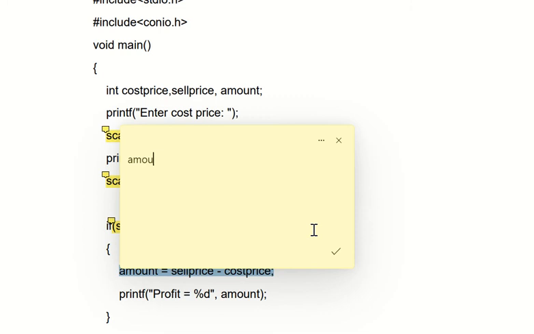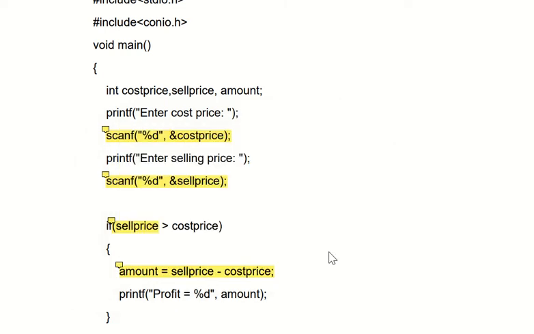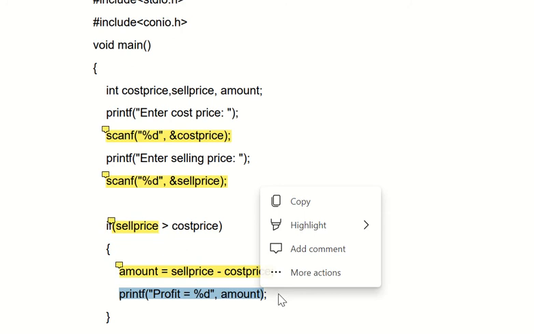So amount equal to 120 minus 70, which means we will get 50. That is the amount we get, 50, which in short is profit. That's why printf profit equal to 50. That is all about one scenario.